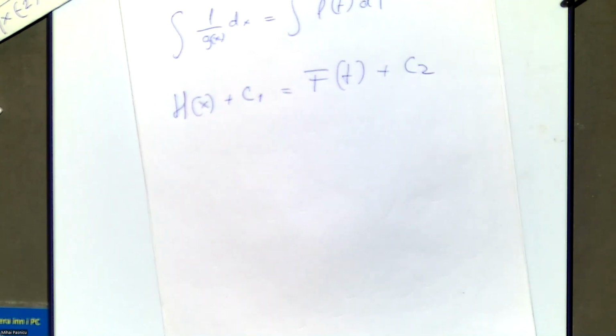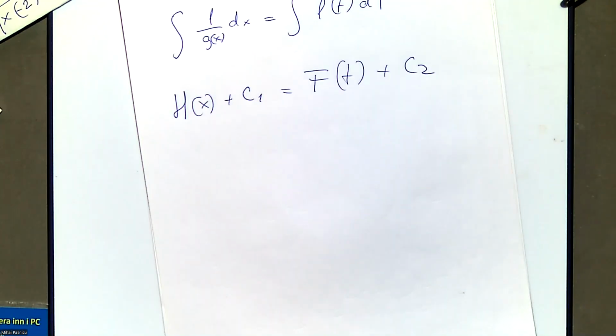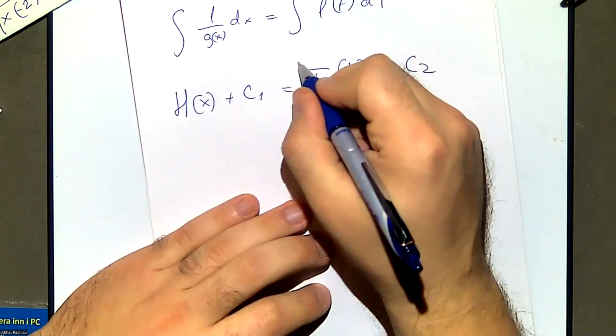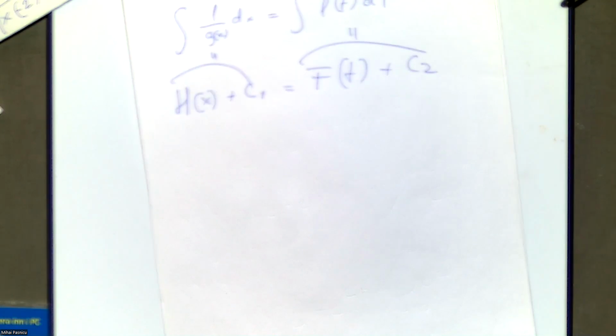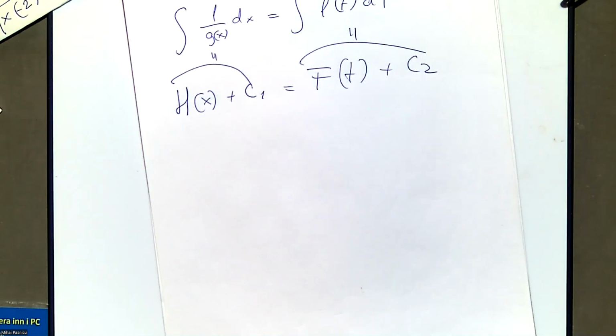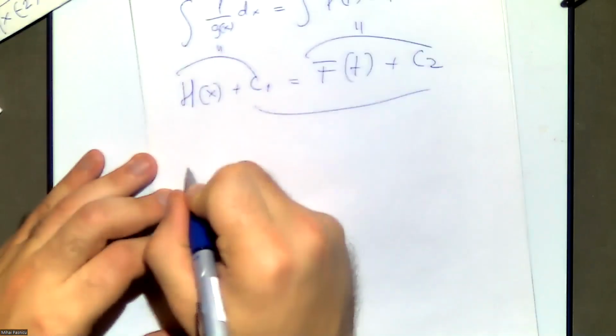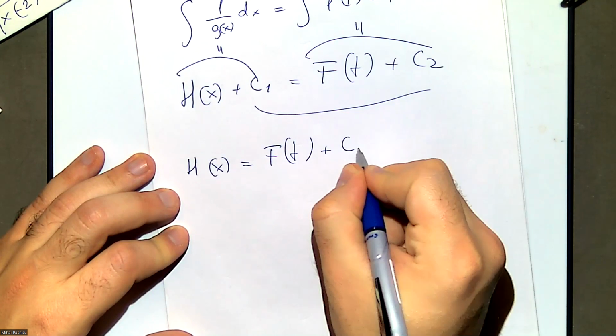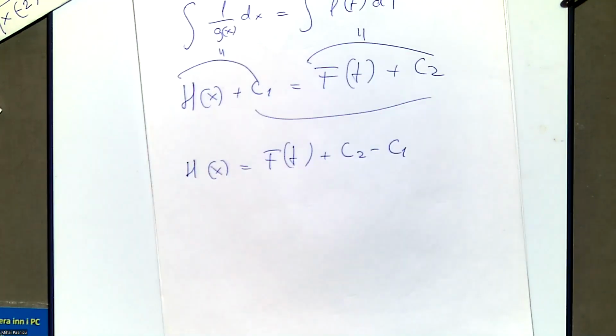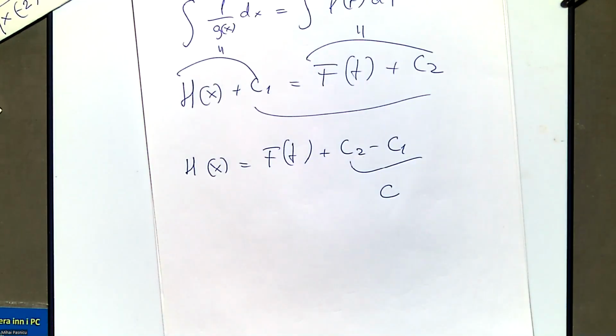If I put a constant for each integral I solve, I would just move the constant to the other side and get h(x) is equal to F(t) plus constant 2 minus constant 1. So that's why there's no point in putting a constant on both integrals. It's important that I put it on one, because instead of this, I can just write one constant.